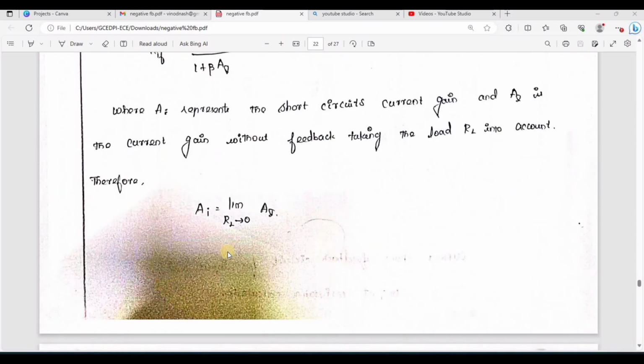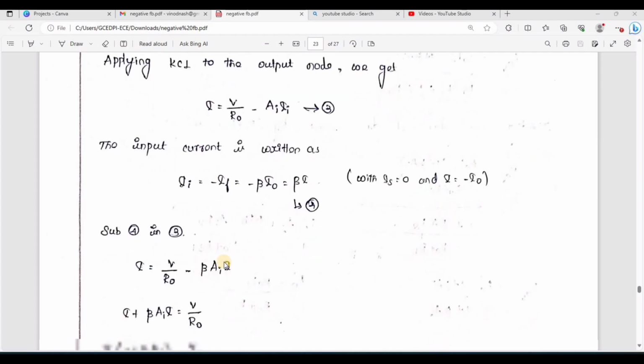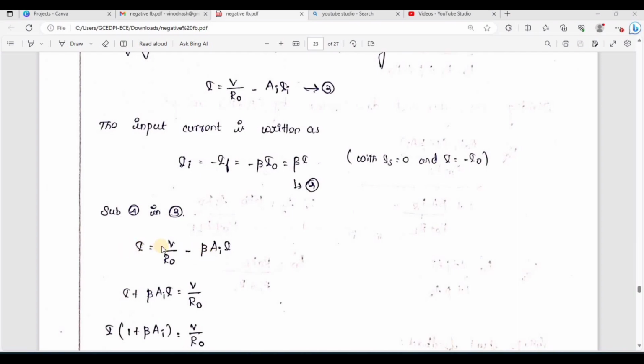So you substitute here, and you will get I is equal to V divided by R naught plus AI into If. This If I can substitute as beta I. So this becomes minus, and I is equal to V divided by R naught minus beta AI I.